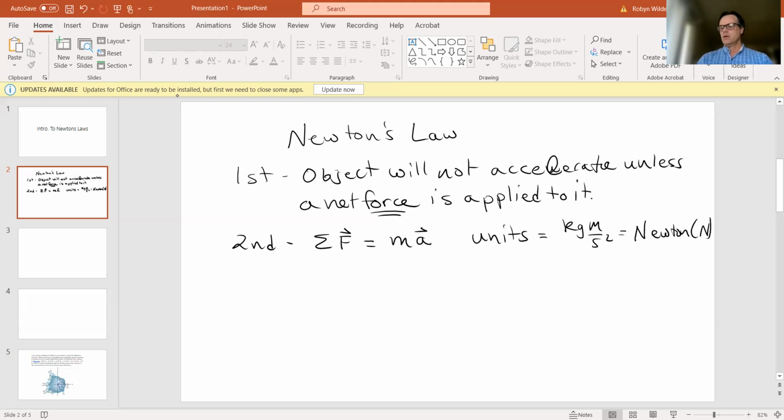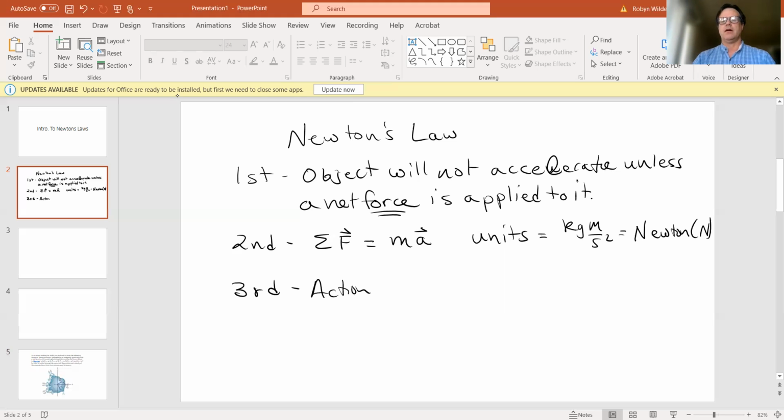Okay. Now the third law, let's just get that down here. The third law is again based on experience. For example, if I push on something, it pushes back on me. And we call the two forces that are involved, the force I push with on the object and the object pushing on me, an action-reaction pair.